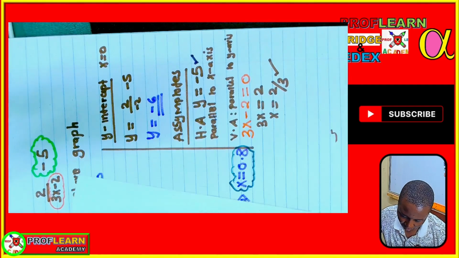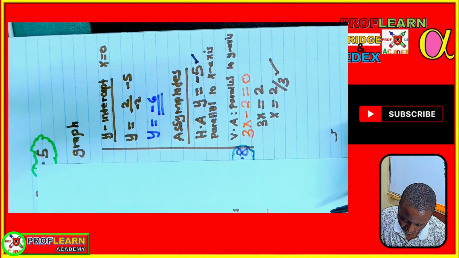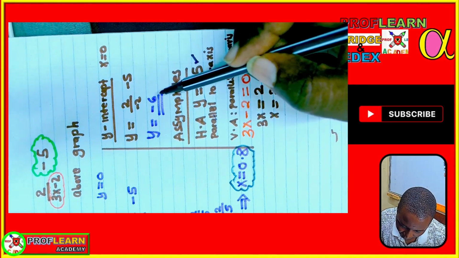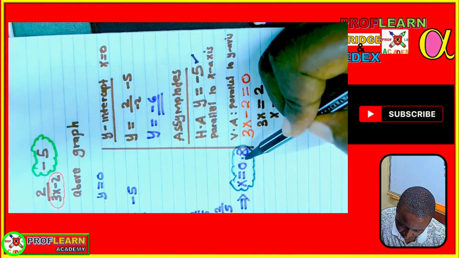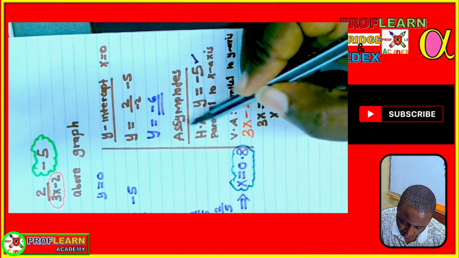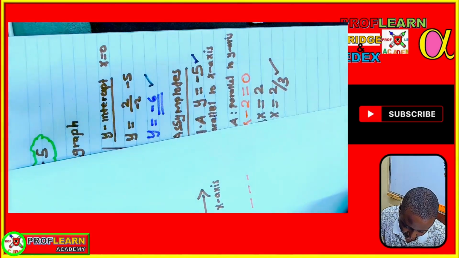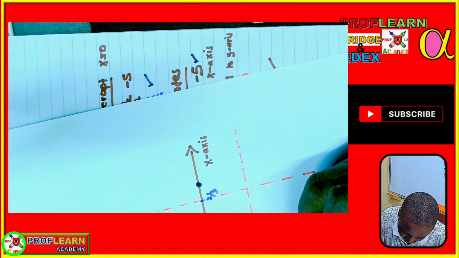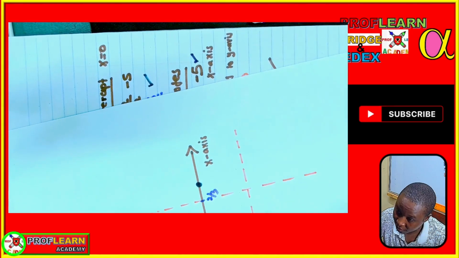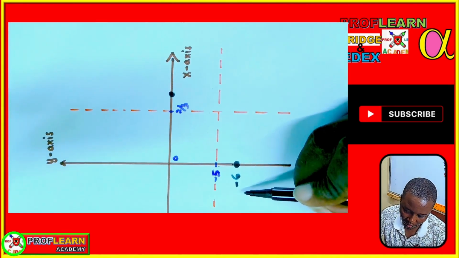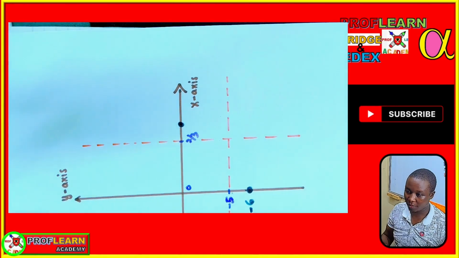And then we have the y-intercept, -6, somewhere here. So we have -6 at this given point, and the x-intercept is at this particular point.